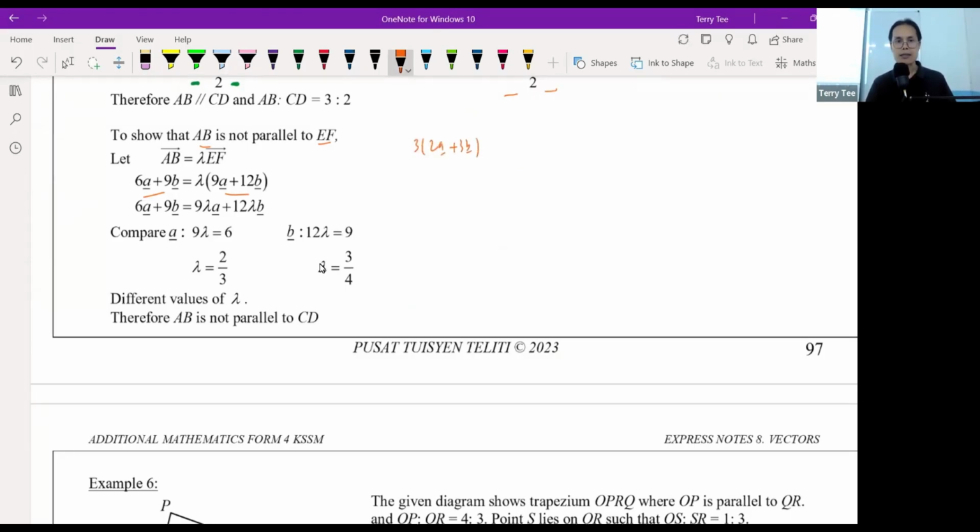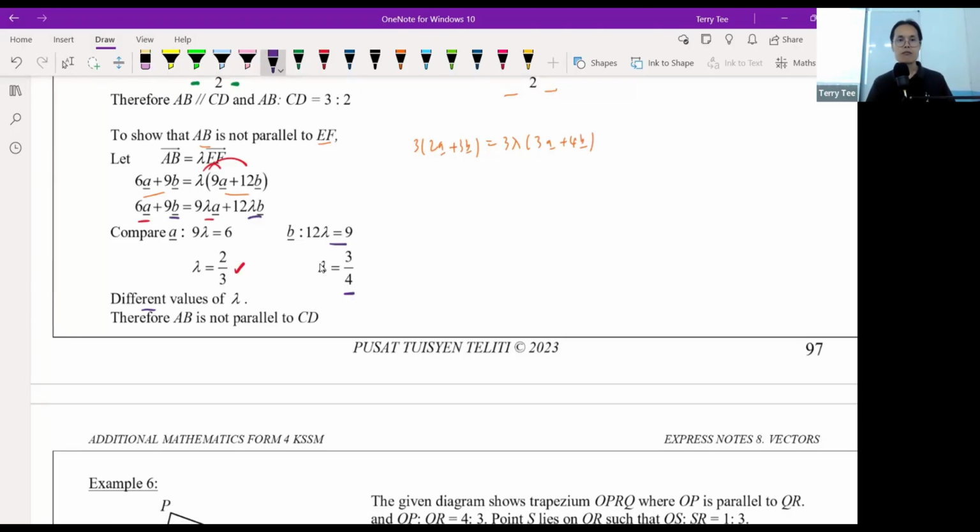Then the second one, 9 and 12, you take out 3 with the lambda, you get 3A plus 4B. In this case, you cannot cancel because they're different. So the way to show that they're not parallel is we expand the bracket and compare our A: our first lambda is 2 over 3. Then you compare the vector B: our second lambda is 3 over 4.